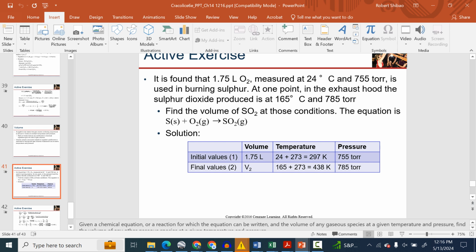And so we can look at it here. I wouldn't do this problem the way they did it. I'd probably do it a different way. But they have 1.75 liters of O2 at 24 degrees C and 755 torr. And then they want to convert it to 165 degrees C and 785 torr.